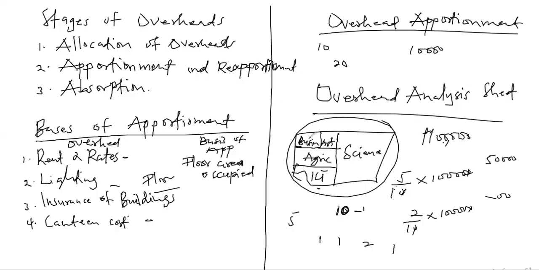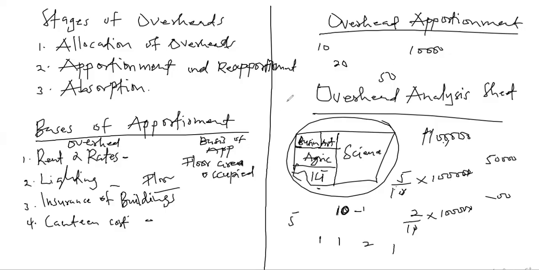Then we move to departments. So when you move to the accounting department, let's say the total employees is 50. Now we are sharing the canteen cost for the departments. In the accounting department, we have 10 employees.